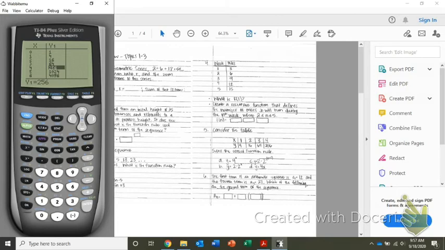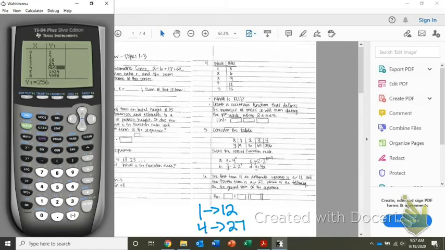Okay, so A1 equals 12. That means the first term. The fourth term is 27. So what this means is when I plug in a 1, I get out a 12. When I plug in a 4, I get out a 27.